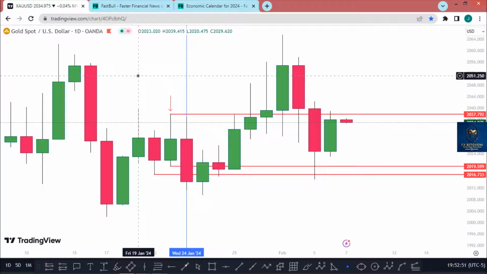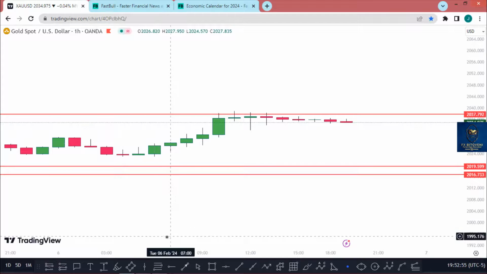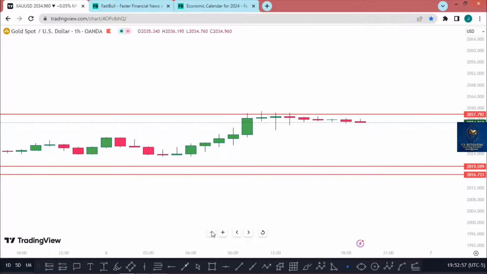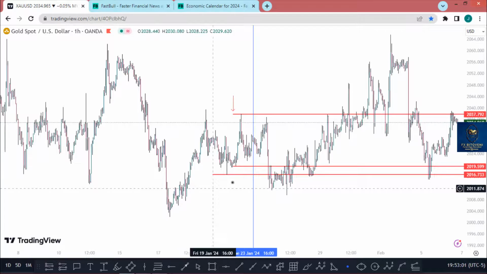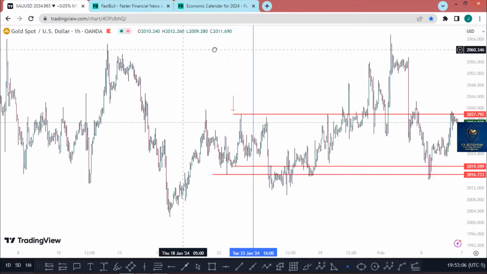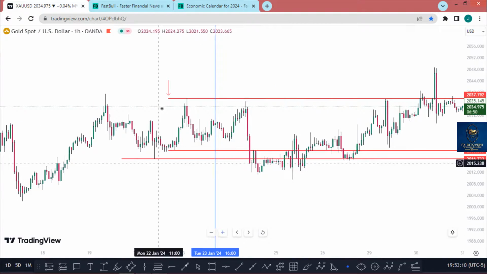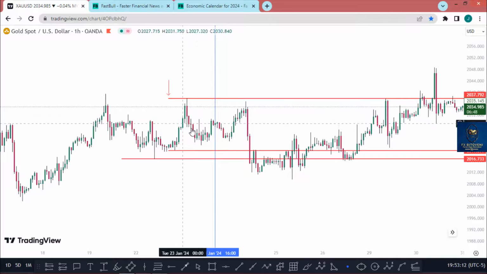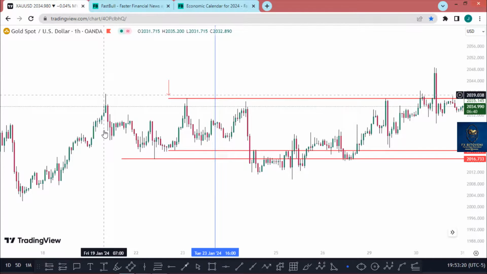then go to like 4 hour or 1 hour time frame. Let's check 1 hour because we are on a daily time frame. So check on one now. What do we see? So if I ask you to show me a true range, where is it? From here I cannot see anything that grabbed the liquidity and broke the structure. So it means I have to look left on previous manipulation.